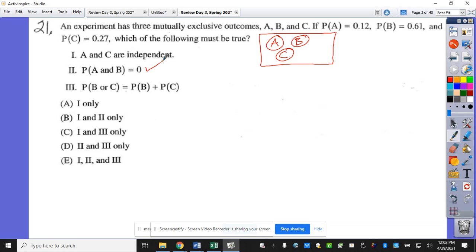If they're mutually exclusive, they can't happen at the same time. If they can't happen at the same time, the probability of A and B is 0.